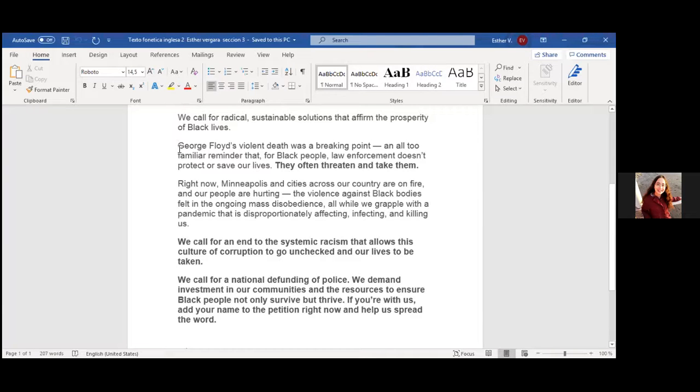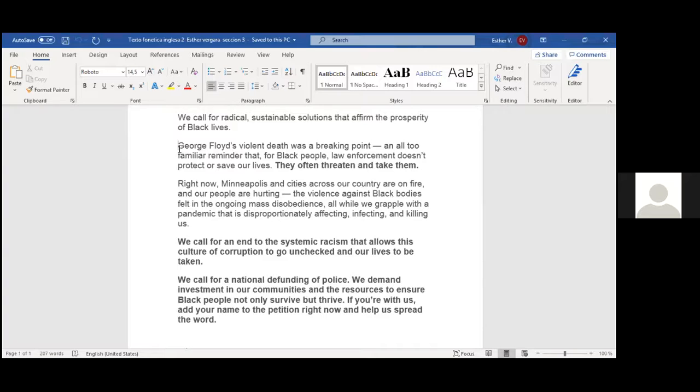Since George Floyd's killing was a breaking point and all too familiar, remember that for Black people law enforcement doesn't protect or save our lives.